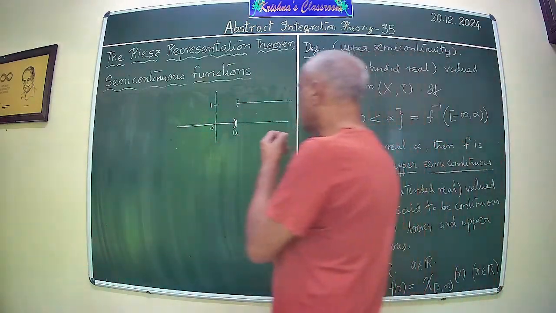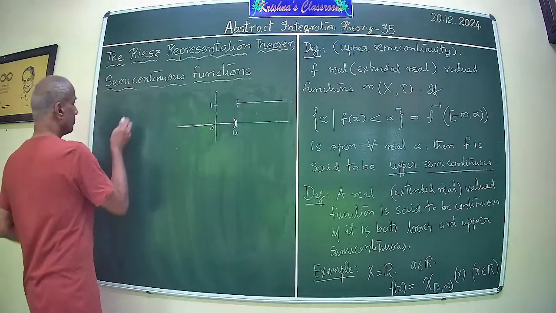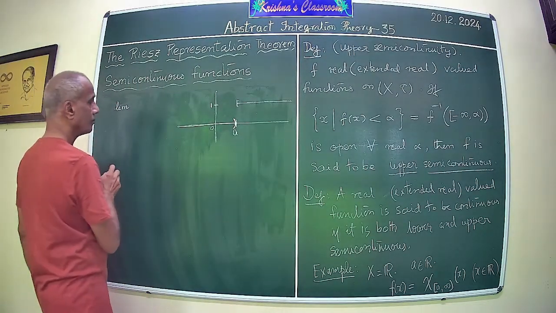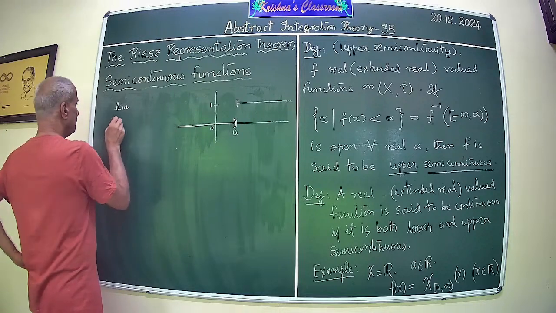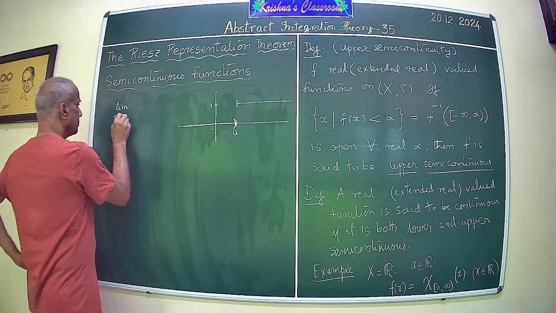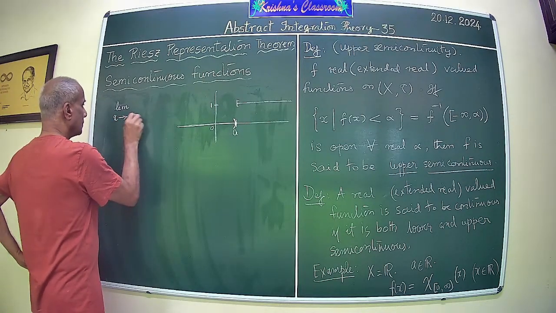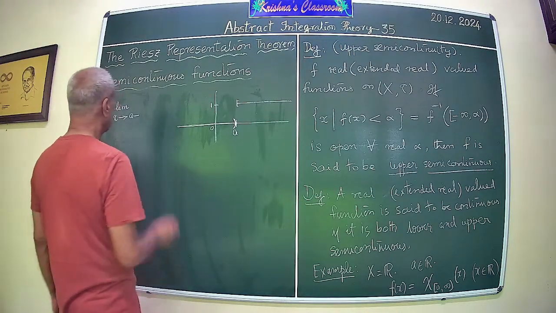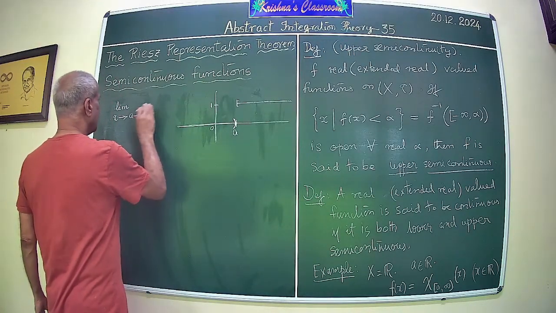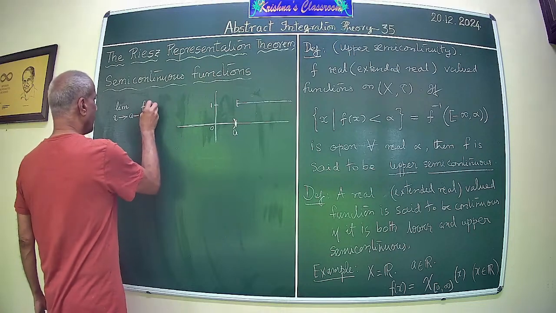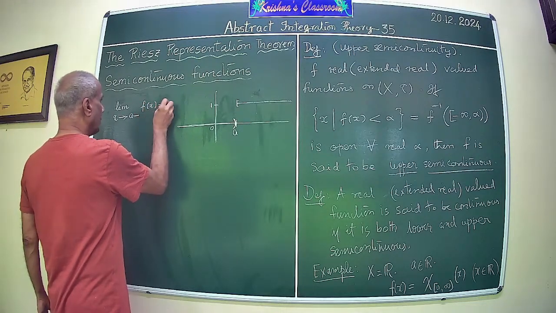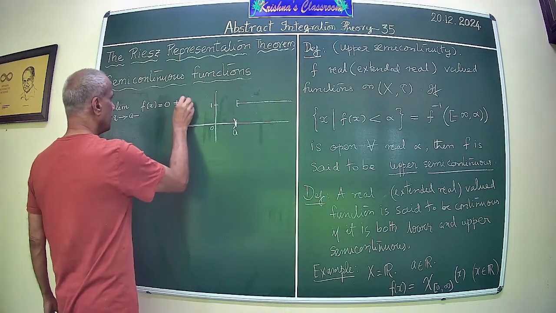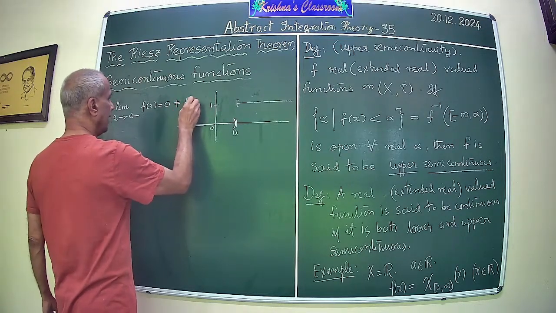Therefore, clearly you can see that the limit from below is equal to 0, which is not equal to f(a).